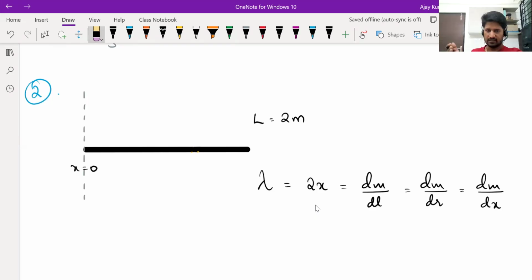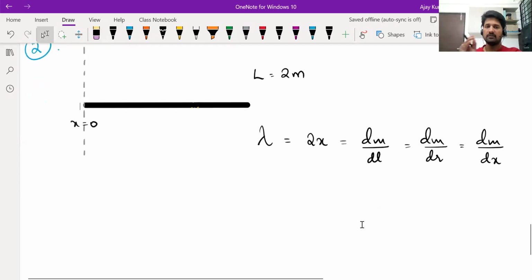As x increases, the particles become heavier and heavier. So this is a non-uniform rod of length 2 meters. Derive its moment of inertia about the axis shown in the diagram. Do this, all of you.